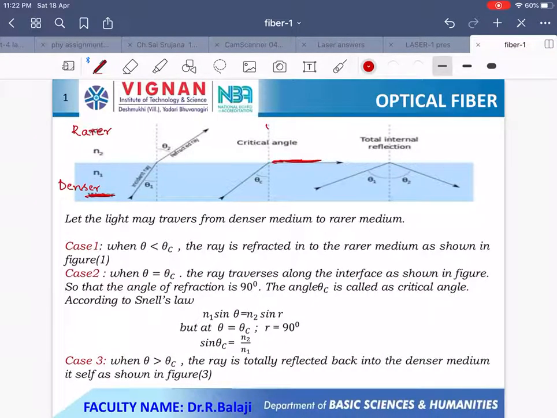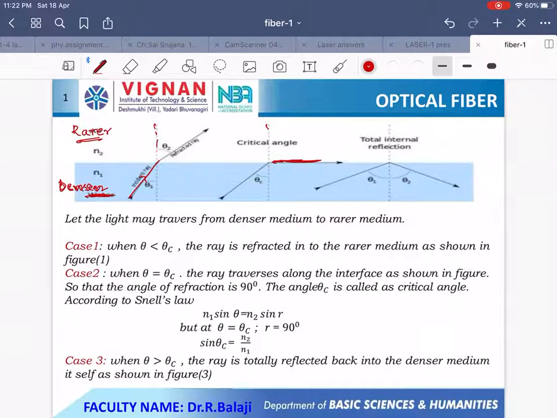Now let us consider this diagram. Say this is the denser media and this is the rarer media. Let us consider a ray traveling from denser media to rarer media, so the first condition of total internal reflection is satisfied.